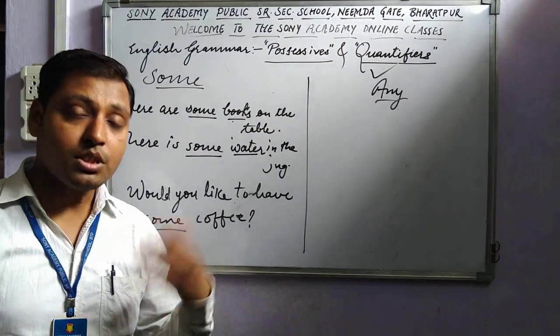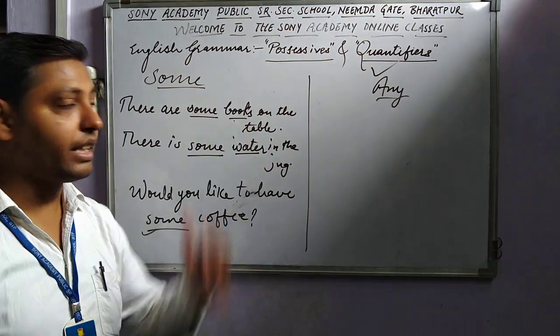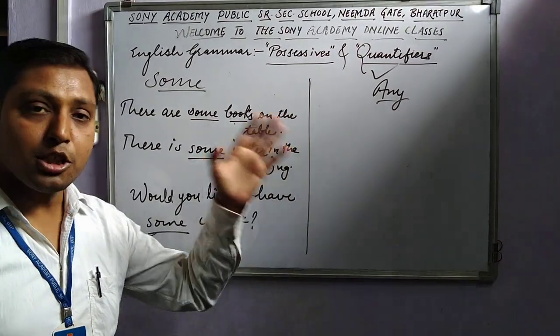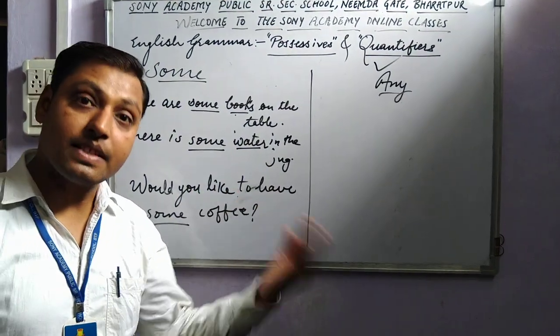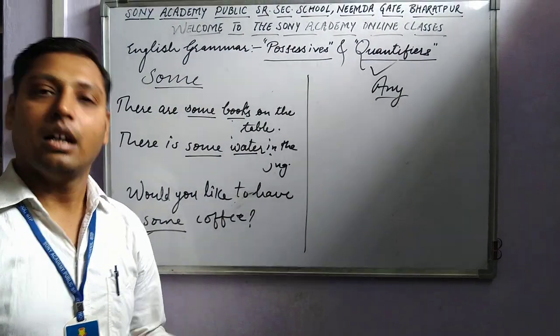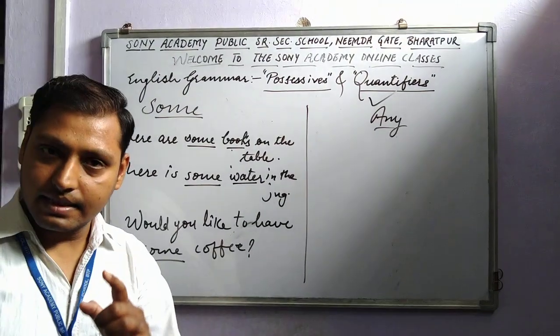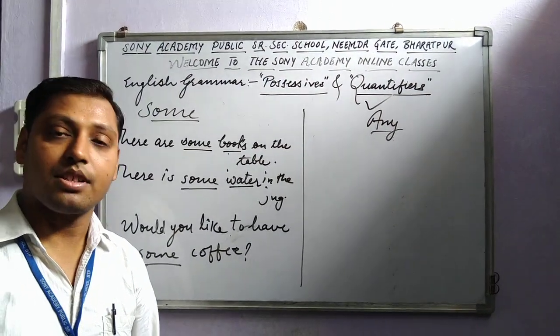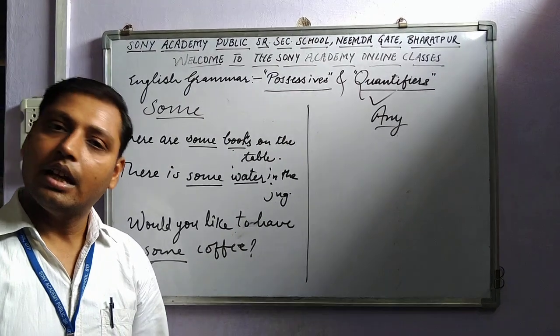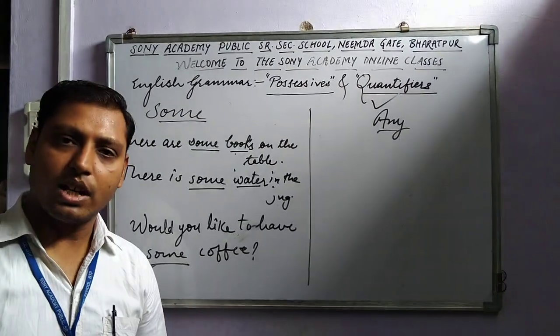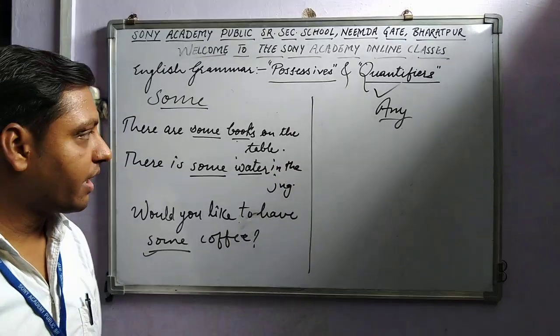But the most important characteristic of any is that any is used generally for negative sentences, for negative sense as well. Moreover, any is also used in questions. Questions must not be an offer. It can be any simple question. Okay? Let's get started with it.